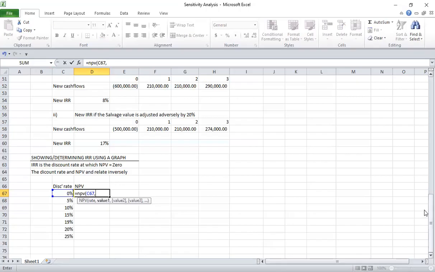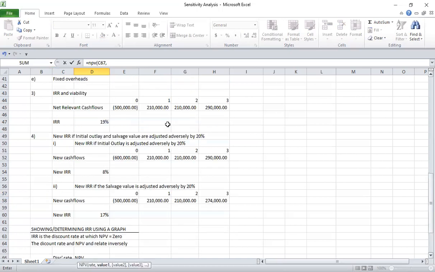Now, what were our cash flows? The cash flows were 500 in year 0, 10 in year 1, 10 in year 2, 90 in year 3. So we normally pick the cash flows for period 1 to 3. And then we close the bracket and add the initial outlay.